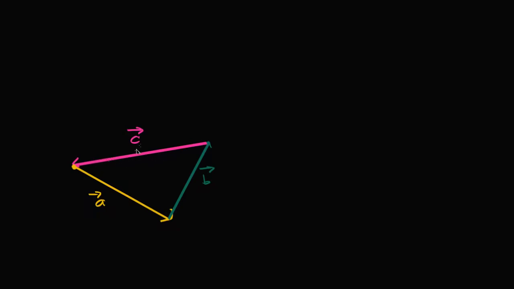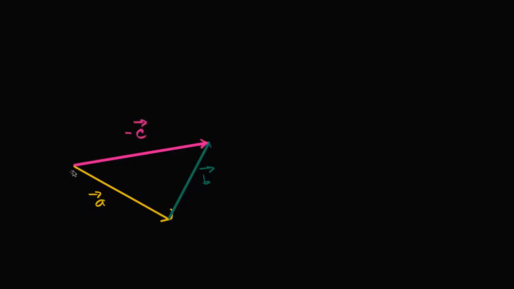But instead of thinking about vector C like this, we could think about the opposite of vector C. So instead of calling this C, I could flip this around by calling it negative C.